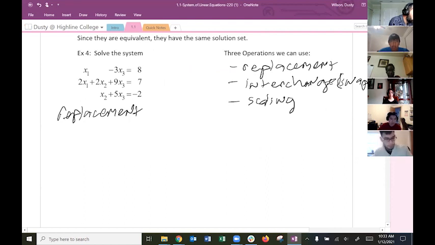This will be way more writing than we're going to do down the road. We're just learning, so we're going to write a whole bunch. We're going to do replacement, and specifically I'm trying to replace this second row here with a new and improved second row that does not include an x1.